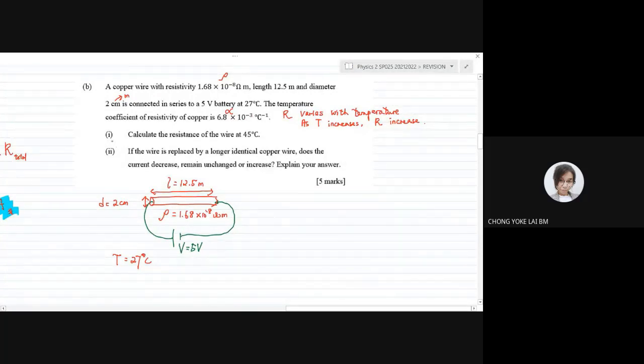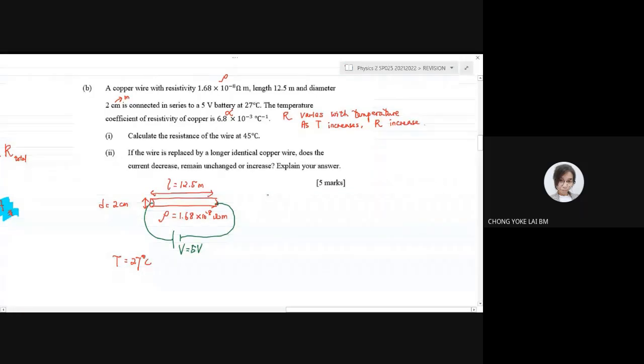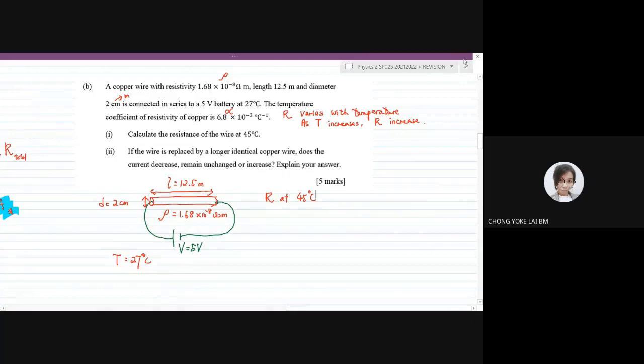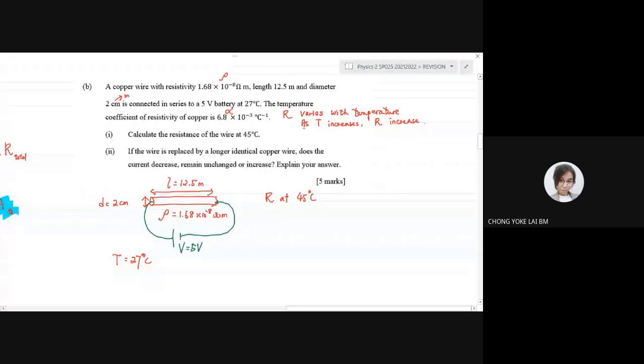Okay, so question 1, calculate the resistance of the wire at 45 degrees Celsius. So I want to find what is the resistance at temperature 45 degrees Celsius. So saya punya resistance varied with temperature.